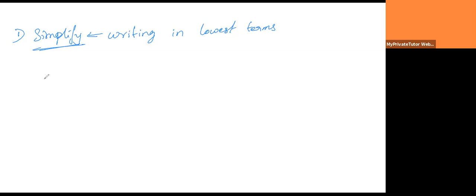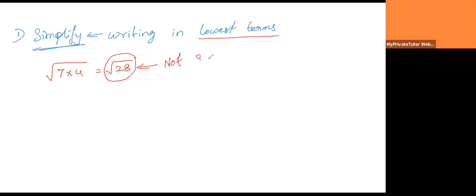What does it mean? Square root 7 times square root 4. So some people might say the answer is 28. Is 28 a correct answer or a simplified answer? It is not simplified, right? It is the correct answer, but it is not simplified. Why? Because we can simplify square root 4 here.